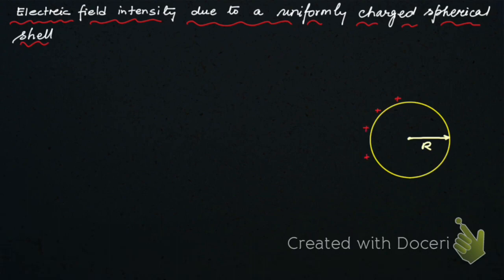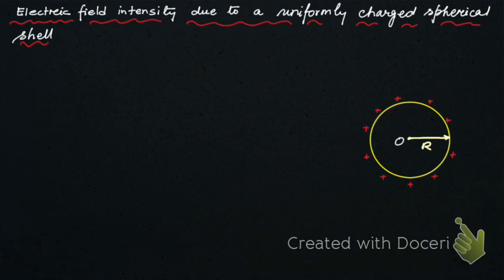Q amount of charge is uniformly distributed over its surface. So Q amount of charge is distributed over the surface of this spherical shell, and its center is O and its radius is capital R.